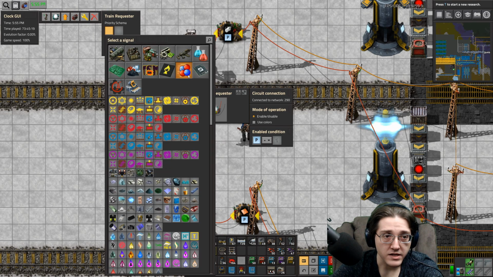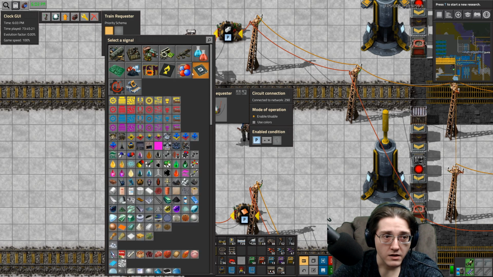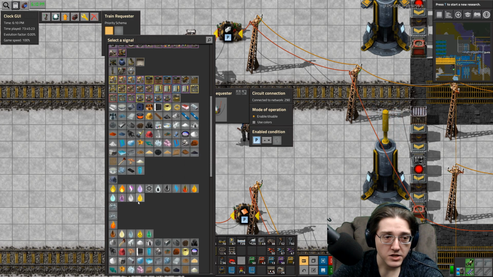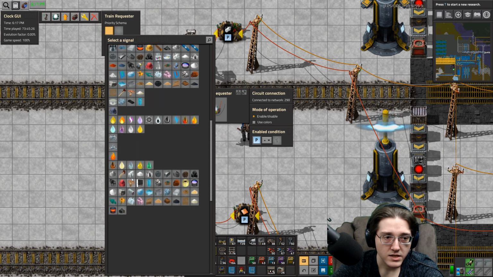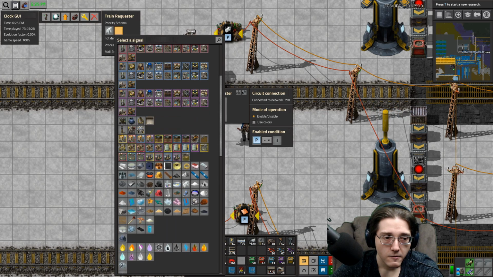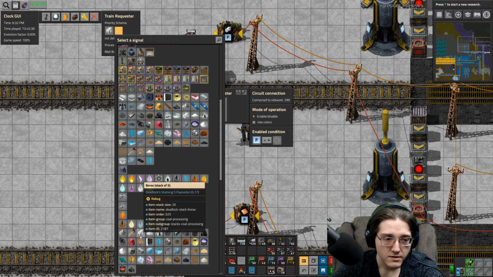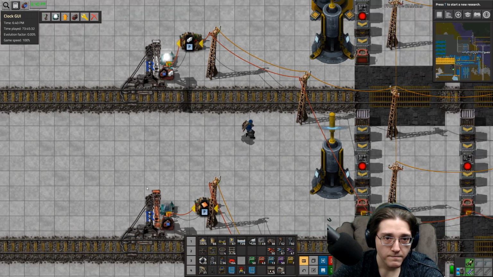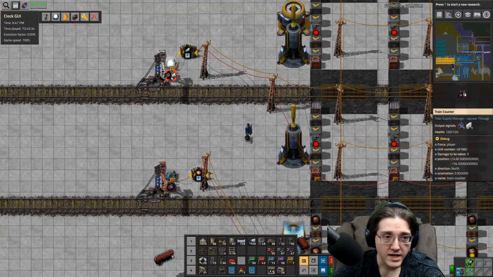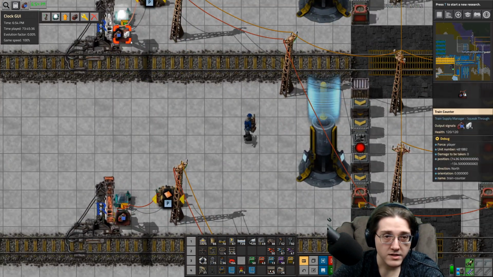And you are looking for the borax, which is here, the stacked borax. And that is on, and that is requesting from stacked borax.